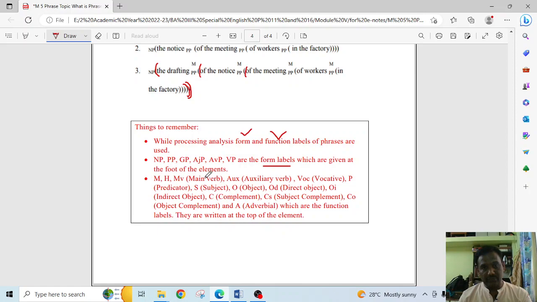Modifier, head, main verb, auxiliary, vocative, object, object direct, indirect, these are all functional labels. You have to put these functional label short forms or the capital letters on the top of that phrase. Do you understand? So in this way you have to analyze the phrases. Okay, thank you.